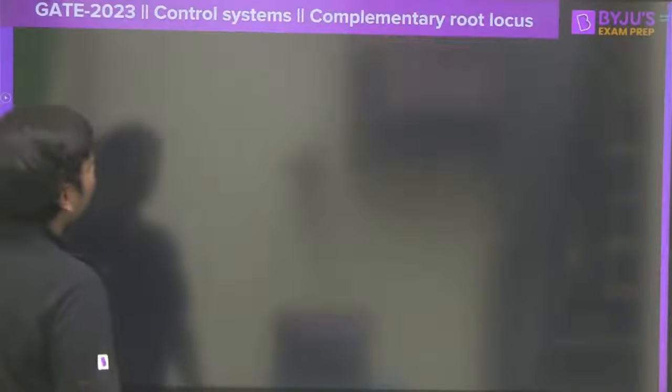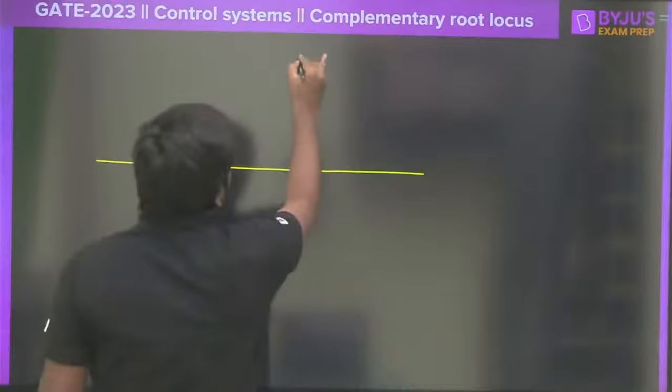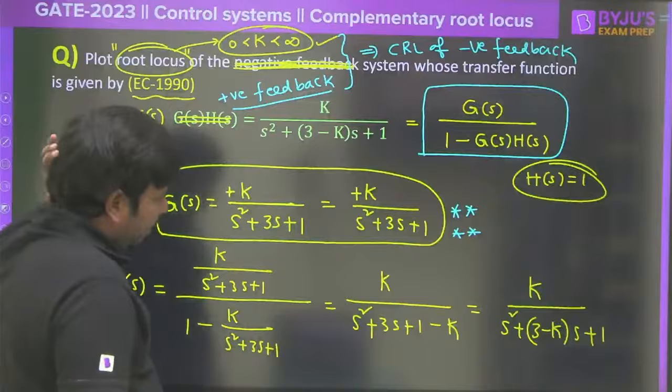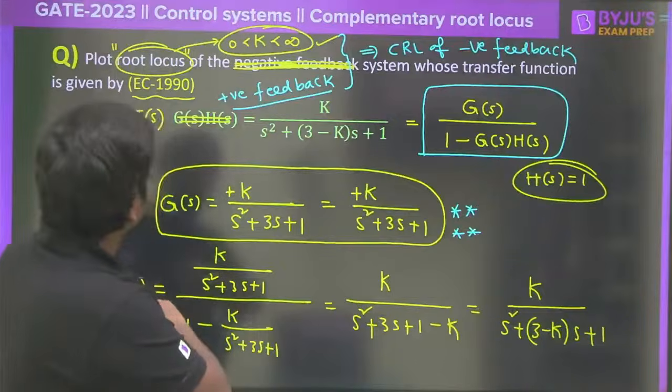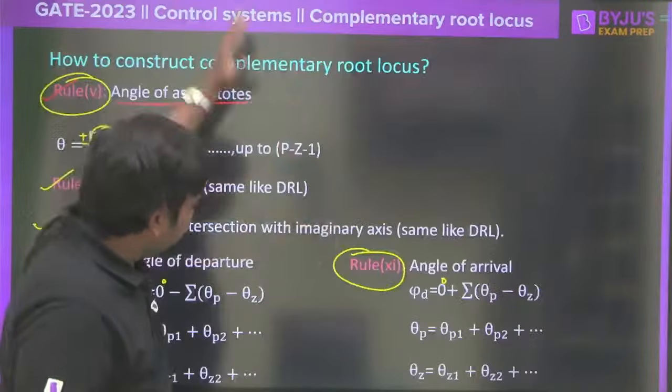So therefore, how do we sketch the complementary root locus now? So look at this one here. Simple. First of all, you have to divide this, check what are the poles you are going to get here. Get the positive pole, use all the rules whatever you have discussed so far.